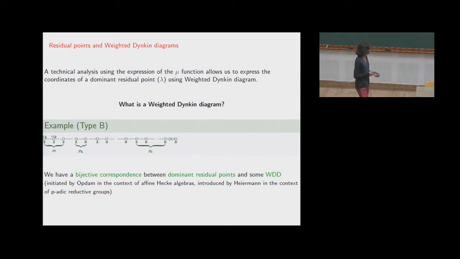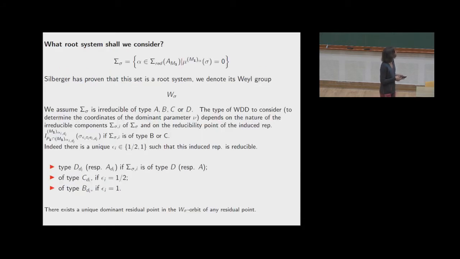As I said, we have a bijective correspondence between dominant residual points and some weighted Dynkin diagrams that was initiated by Opdam in the context of affine Hecke algebras and introduced by Heiermann for p-adic reductive groups. So we have this correspondence, but what kind of root system shall we use?